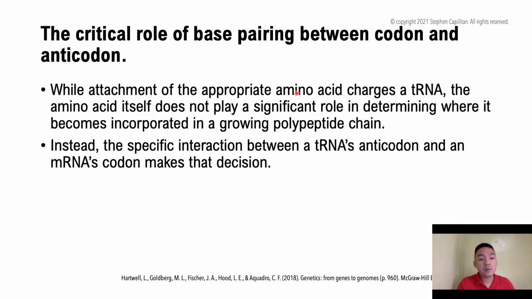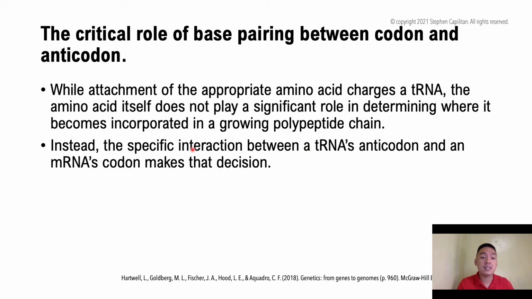So what is the critical role of the base pairs between codons and anticodons? You'll see on the structure that the tRNA carries the anticodons and the codons are within the mRNA region. So this attachment of an appropriate amino acid will charge a tRNA. The amino acid itself does not play a role in determining where it becomes incorporated in a growing polypeptide chain.